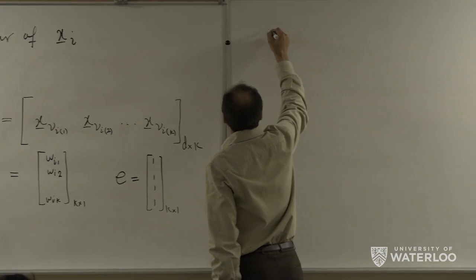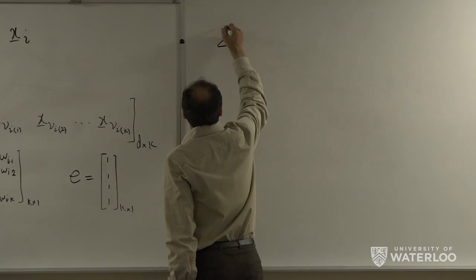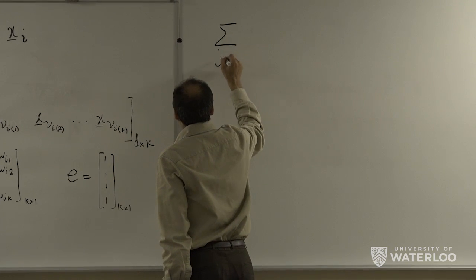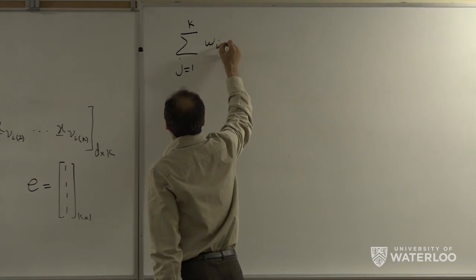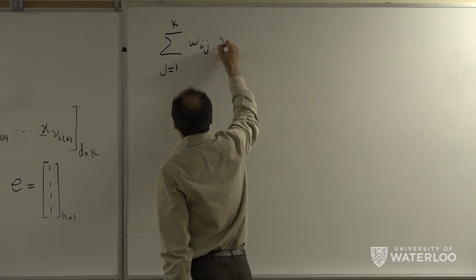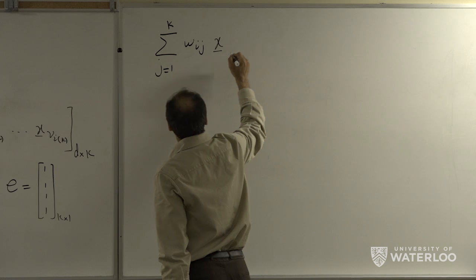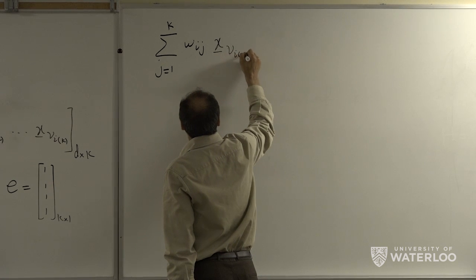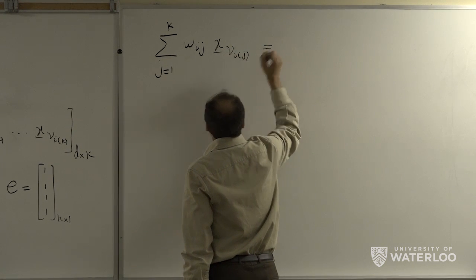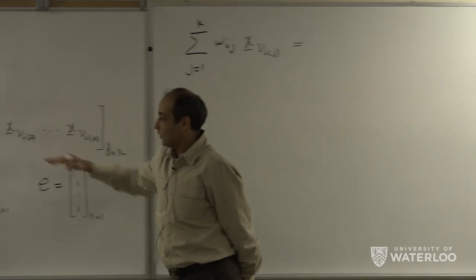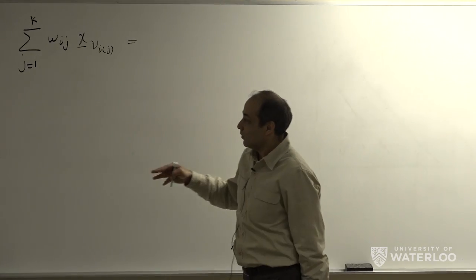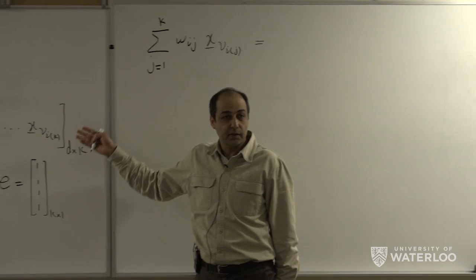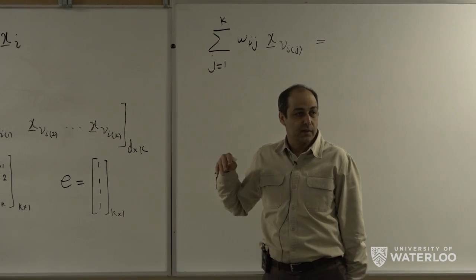I can write this summation in matrix form using the matrix and vectors that I defined. How can I write it using these new variables?